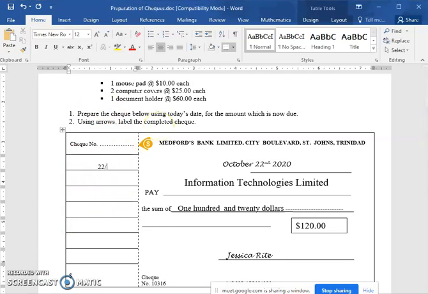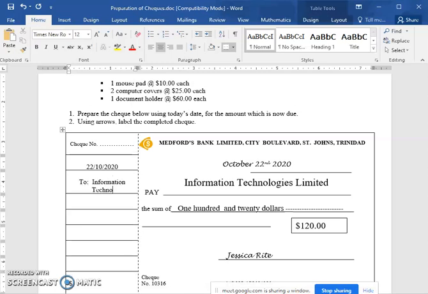First, we enter the date. Right? And who are we giving the check to? In this case, it will be Information Technologies Limited.